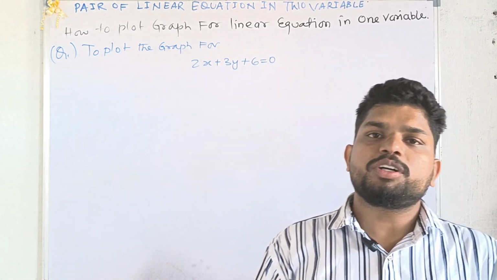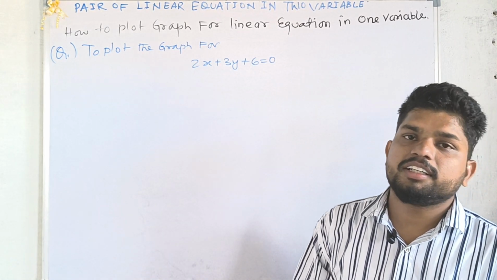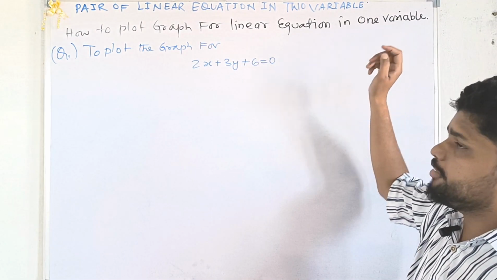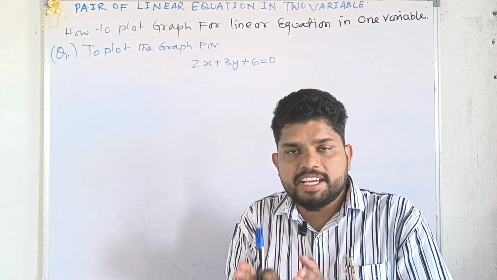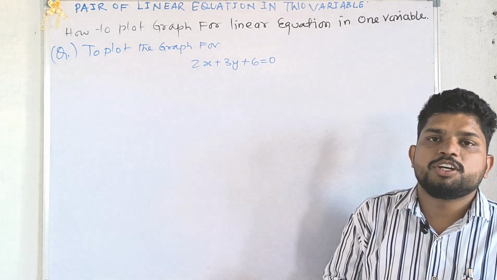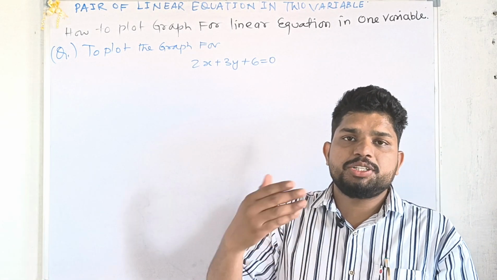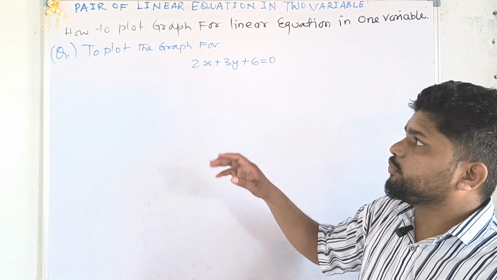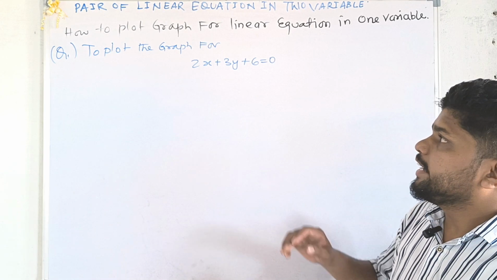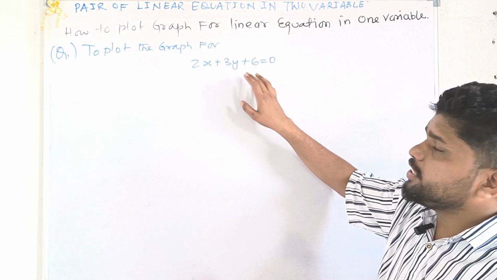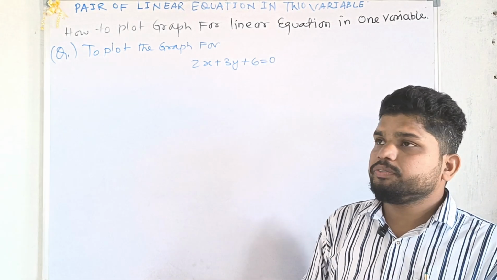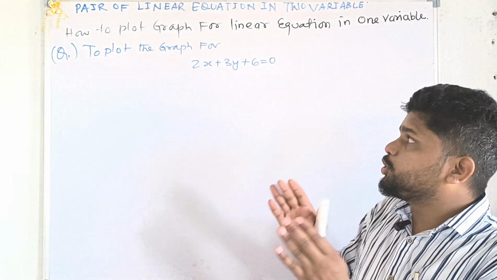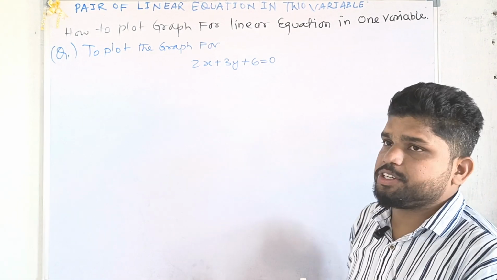Dear students, up to class 9th, we have already learned how to plot the graph for the linear equation in two variables. Since class 10th is the extension of class 9, this is my duty to remind you of your prior knowledge. So the concept says that in order to plot any linear equation in two variables, we generally do the variable separation.